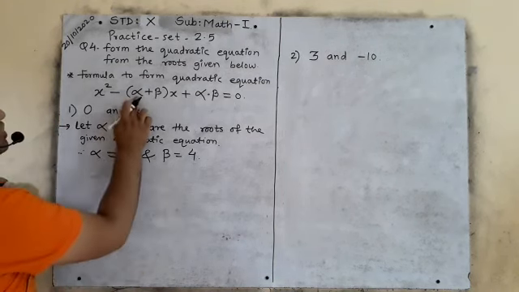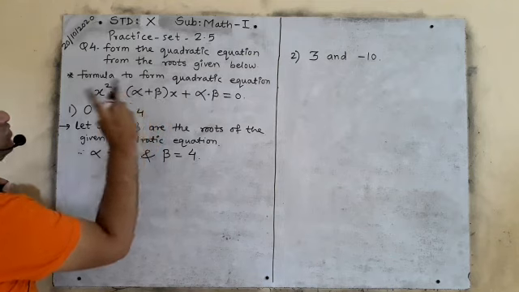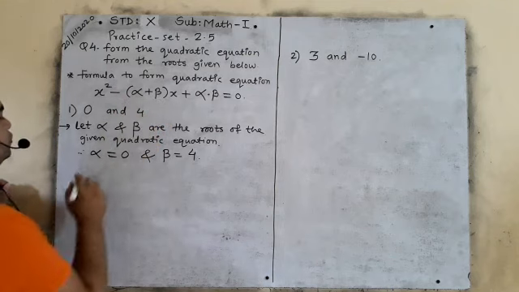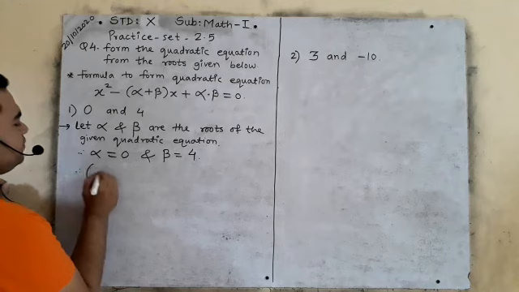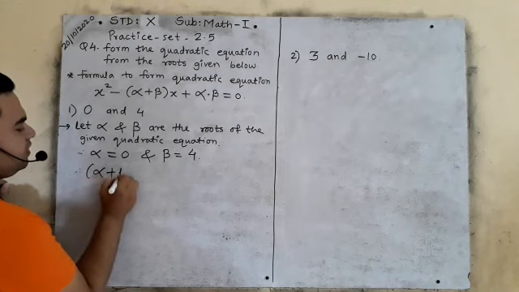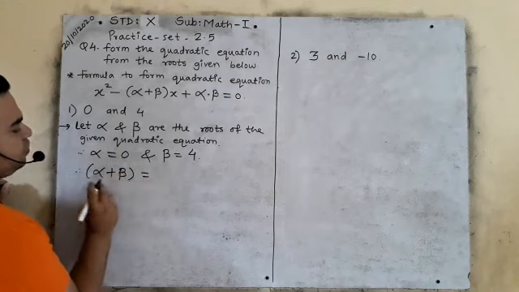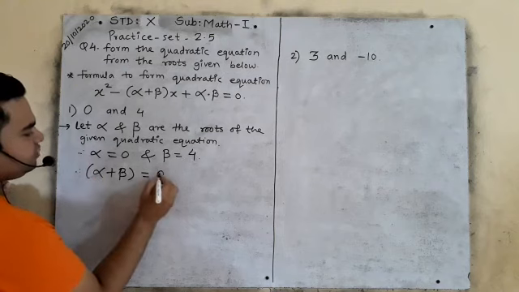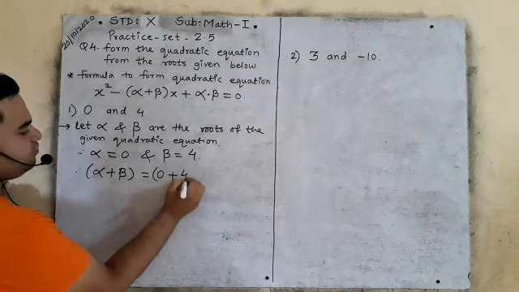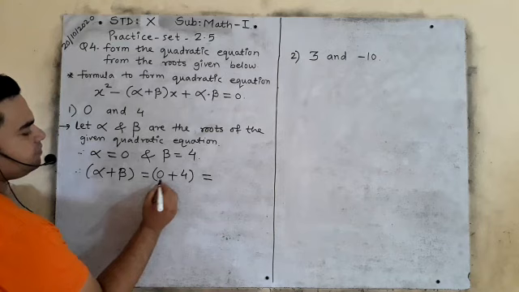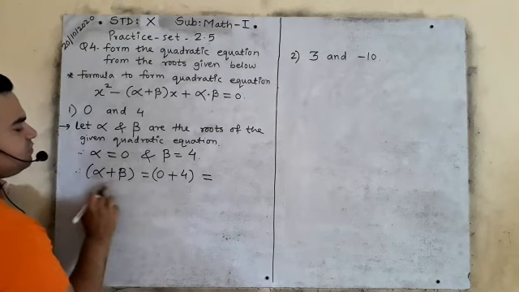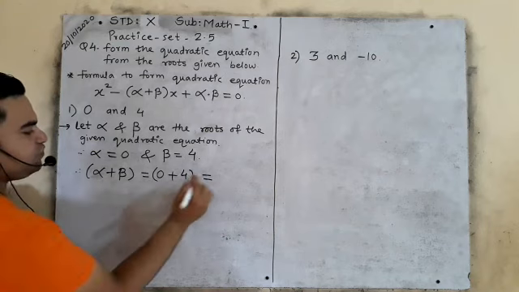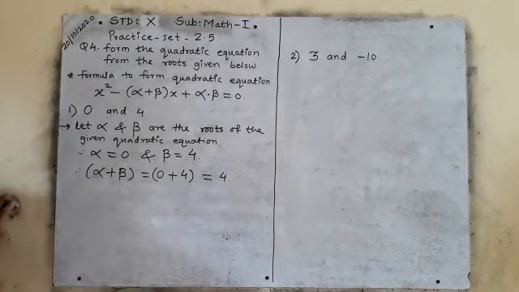Now what do you want here? Sum of two roots. Okay, sum of the two roots. So you will write, therefore alpha plus beta is equals to what? Alpha value 0. 0 plus beta value 4. So sum of the two roots will be 0 plus 4, which is equals to 4, right?